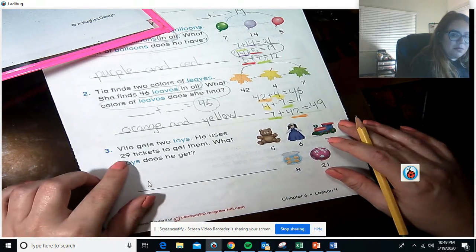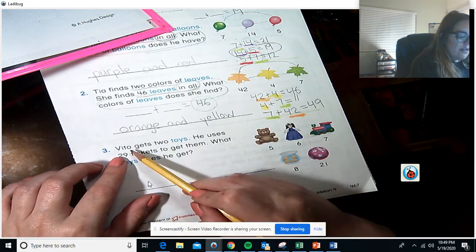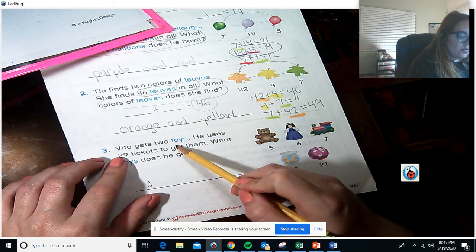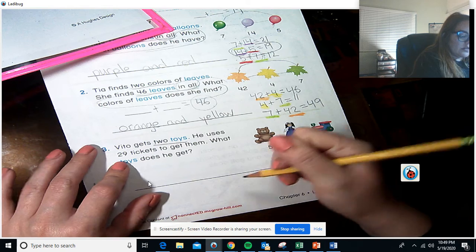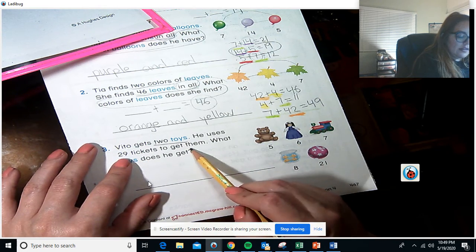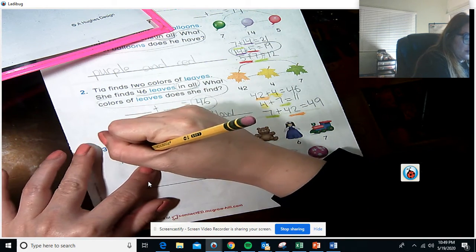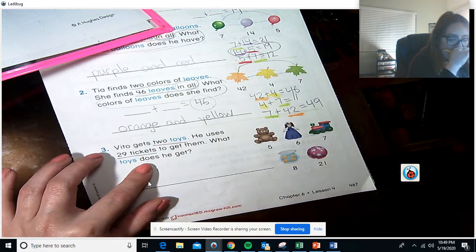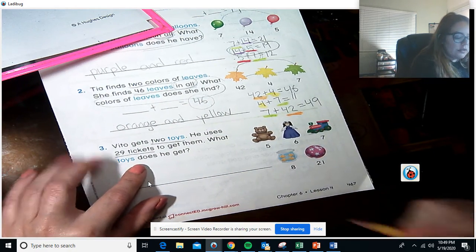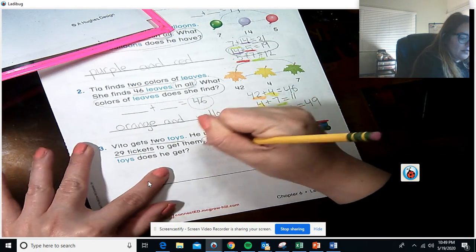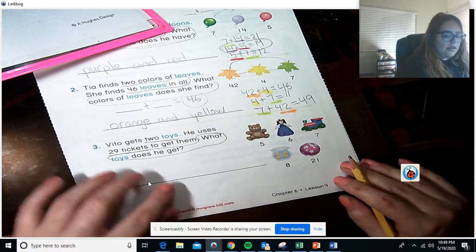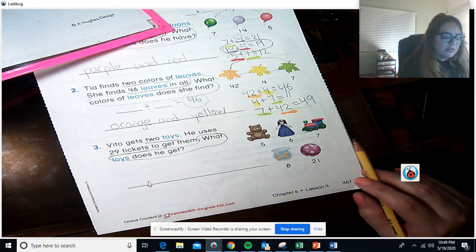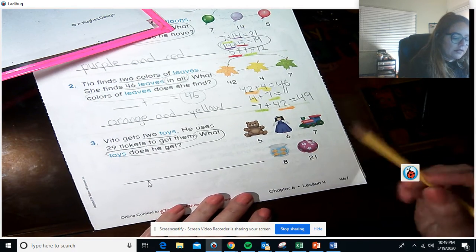Oh, this one has more. This one says, Vito gets 2 toys. He uses 29 tickets to get them. What toys does he get? Okay, this one has more options, so we're going to have more sentences.